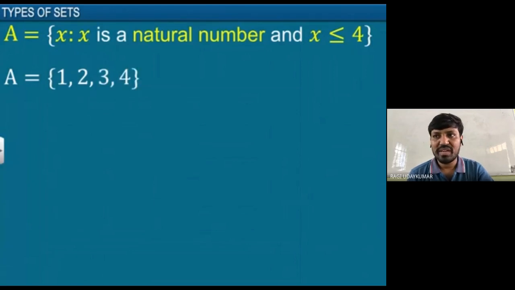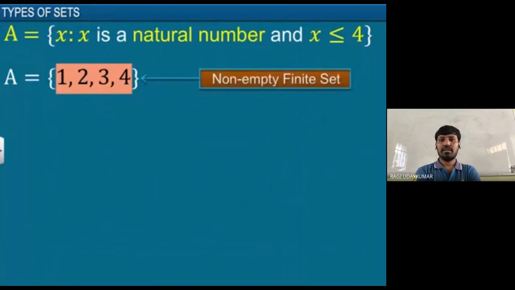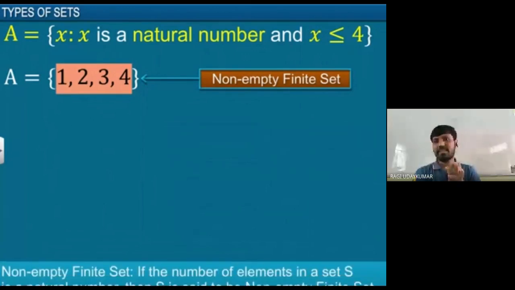So there is a finite number of elements in this set. We can count them: the number of elements is 1, 2, 3, 4. There are some elements, so it is a non-empty finite set. It is not empty, it is not blank.